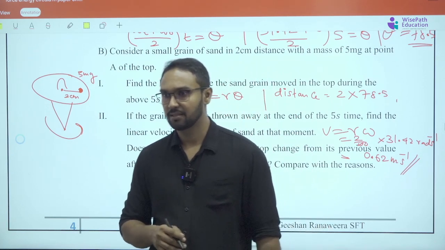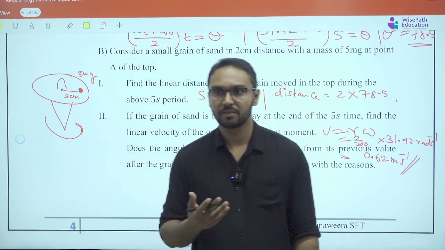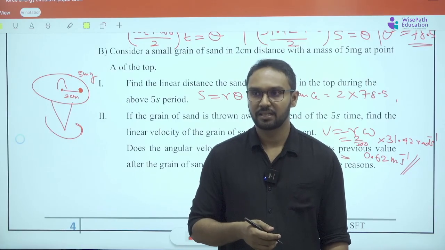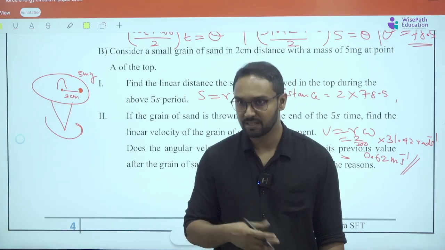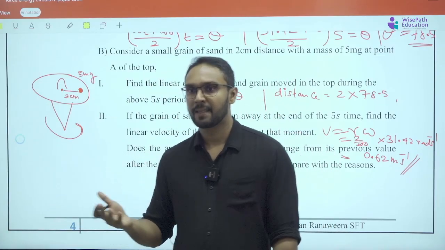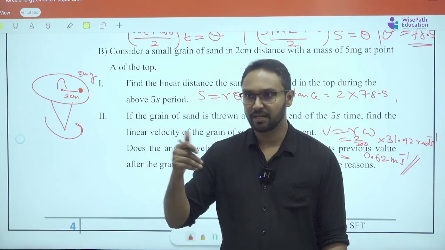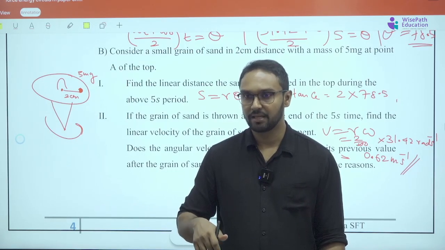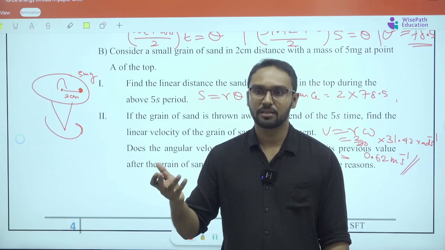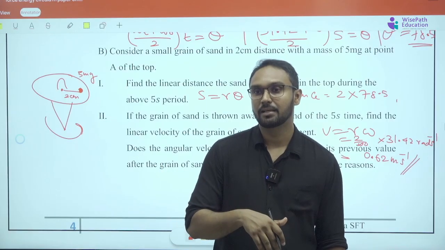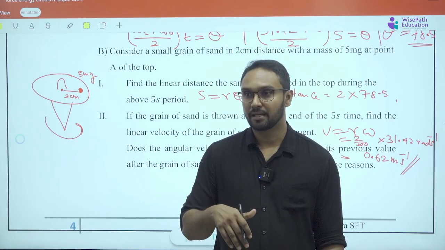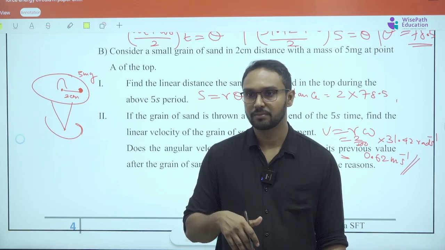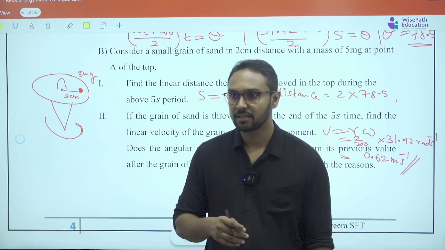That we discuss under the conservation of moment of inertia, right? So when the mass is removed, the moment of inertia reduces. So to keep the angular momentum constant, what do you do? You have to increase the velocity.